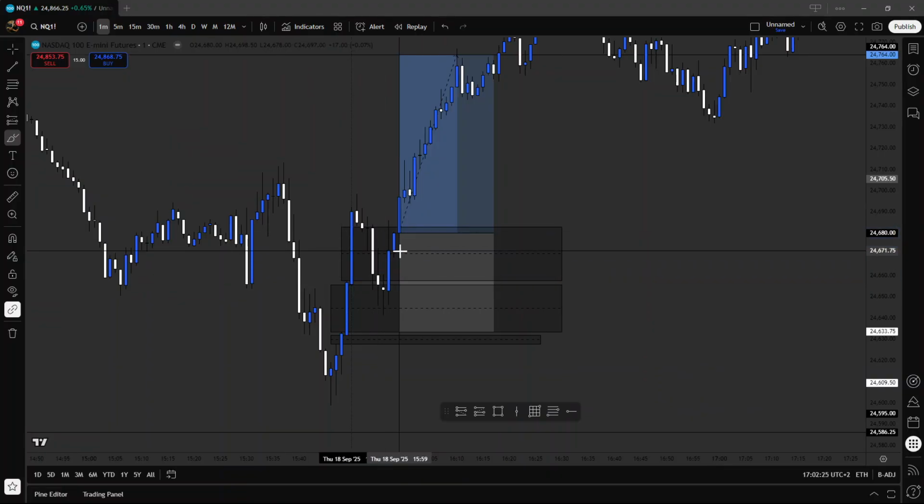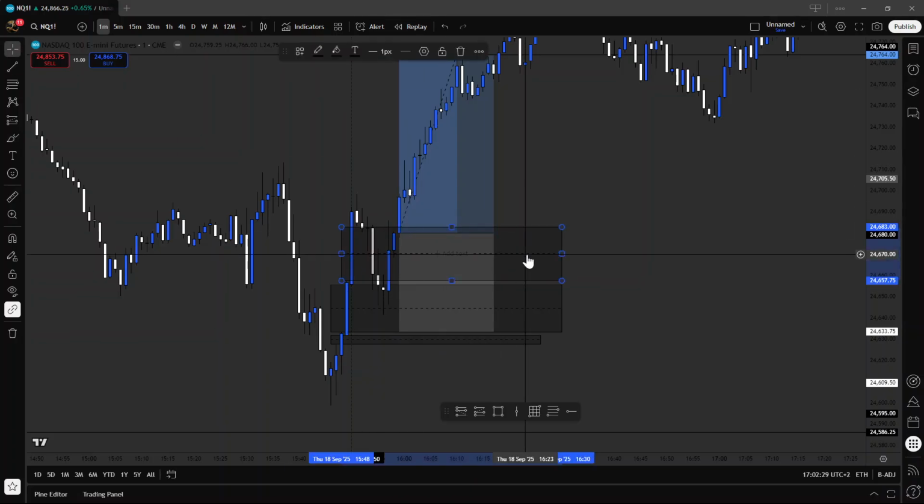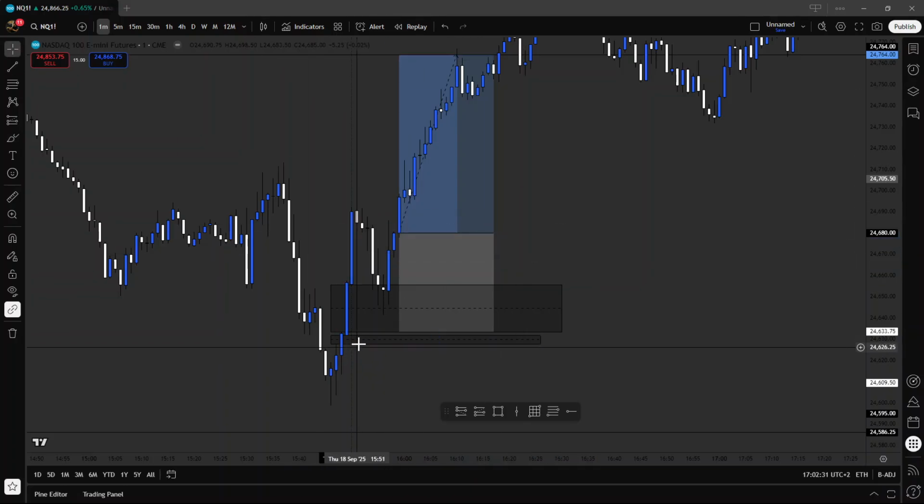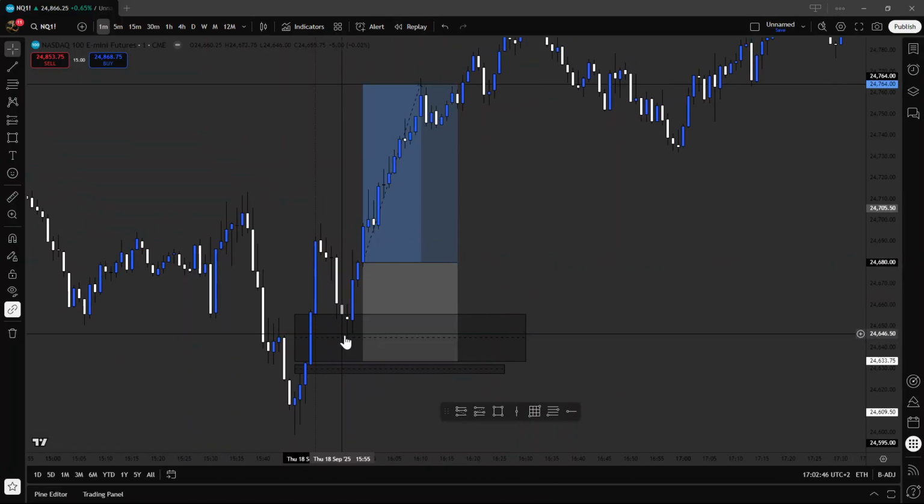Yes, it did, but notice there's multiple fair value gaps stacked. There is one fair value gap, there's a second fair value gap, and there is a third that got inversed. So I kept in mind, okay, there's multiple fair value gaps that need to be filled, and it did.